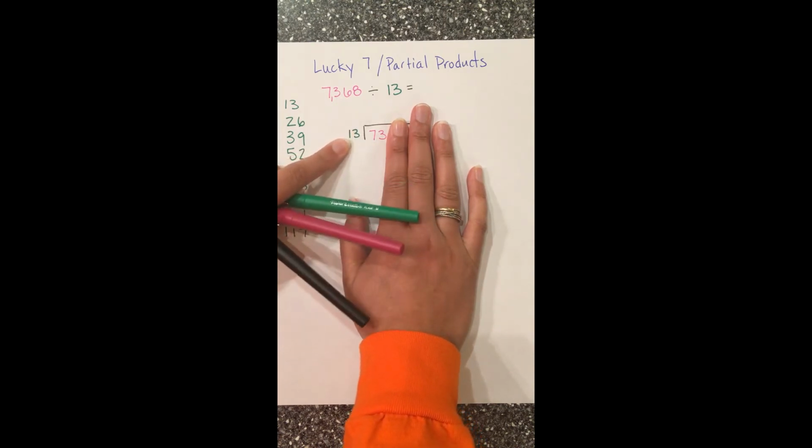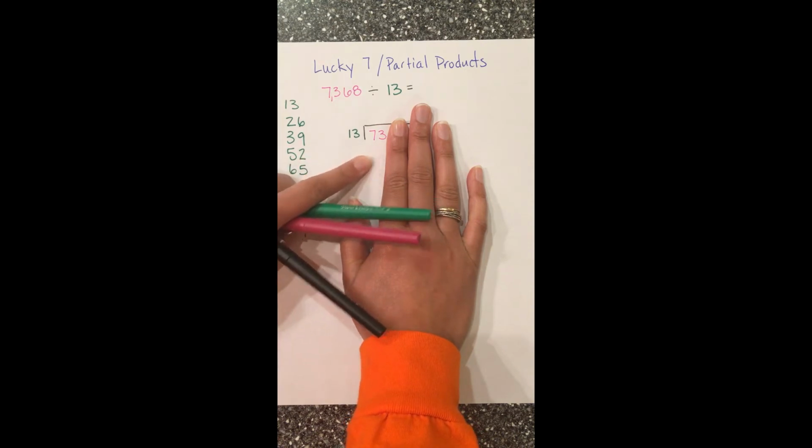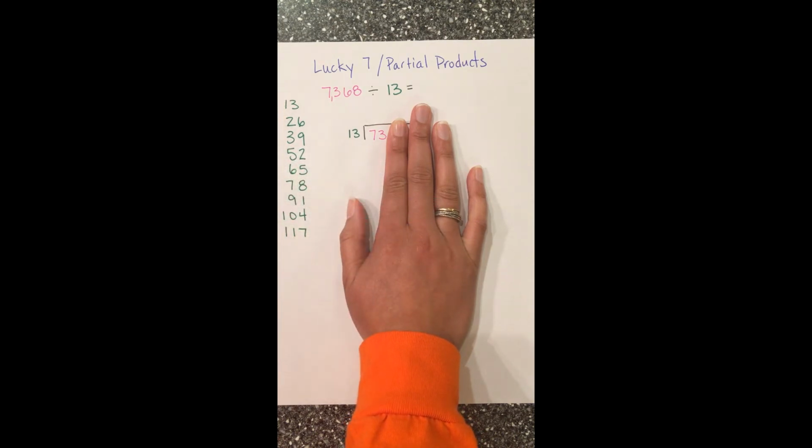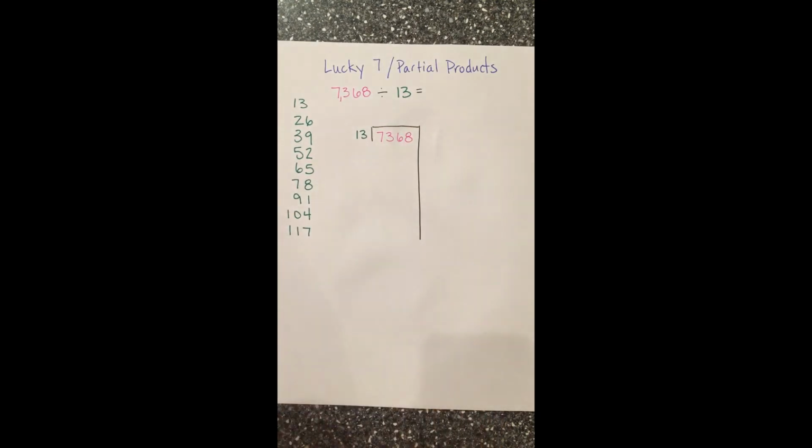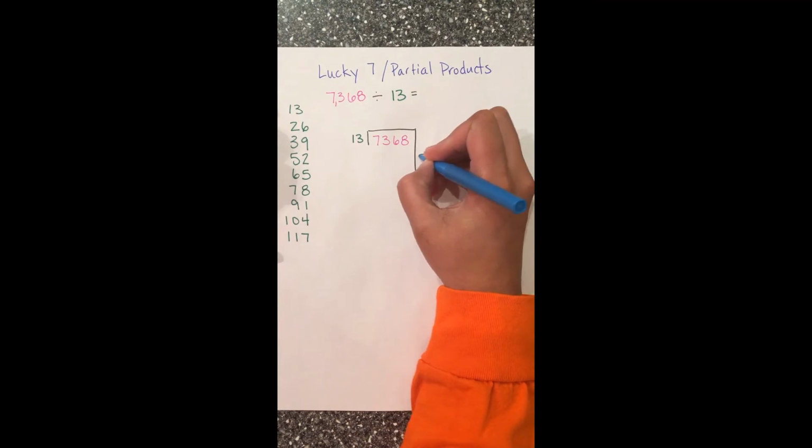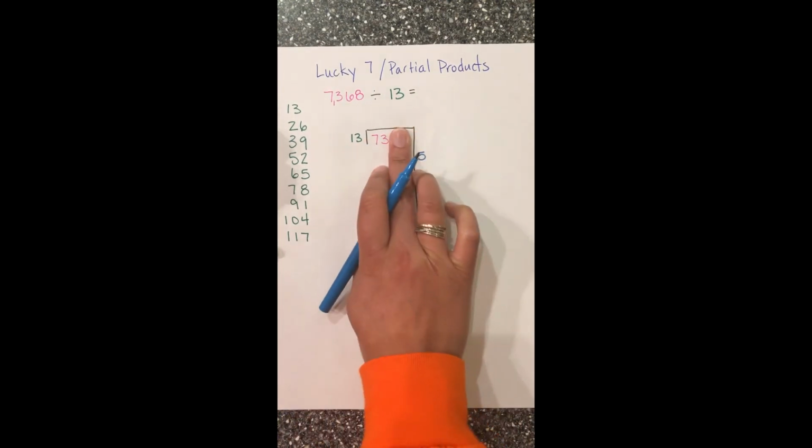And we think, how many times can 13 go into 73? And we look over at our multiples, and we see that it can go in 5 times without going over. If it went in 6 times, it would be too much because it would go over. On the side, we write 5. But we think about how many numbers we were covering up.